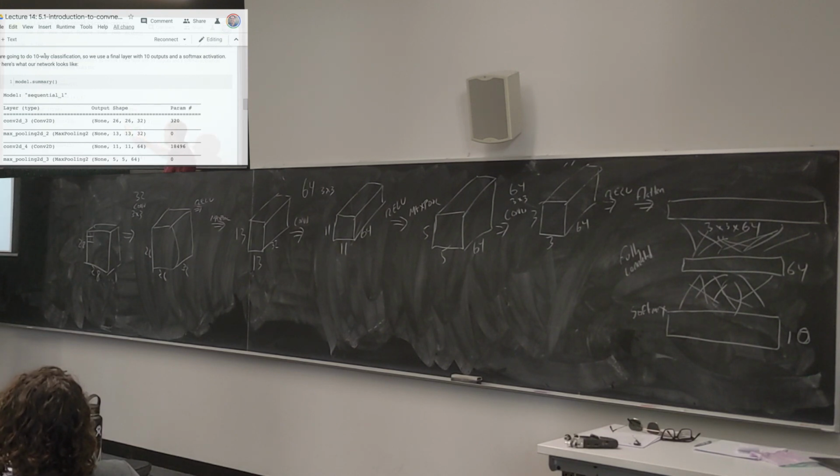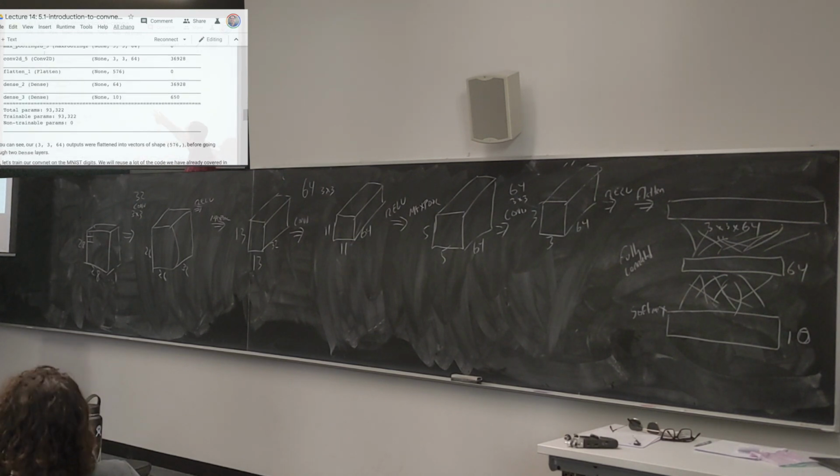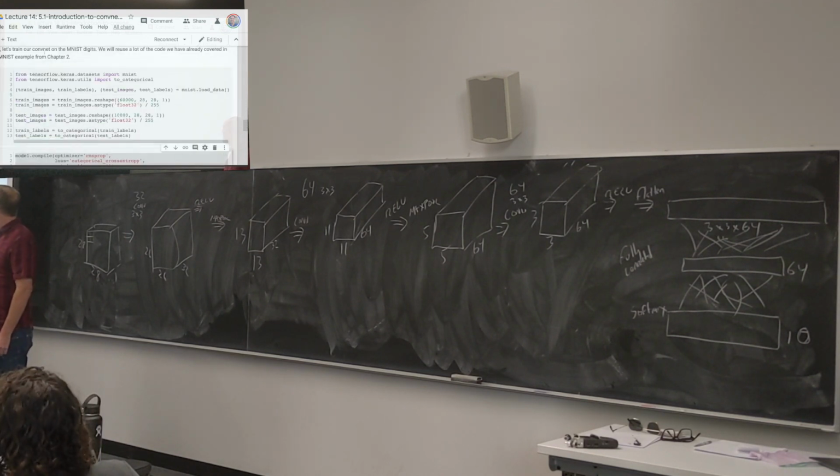This would be half that, and so on. So the difference would be how big this is coming out here. But really, it should be able to work with any size input. I don't really remember whether Keras allows you to specify an unspecified input dimension. Okay.